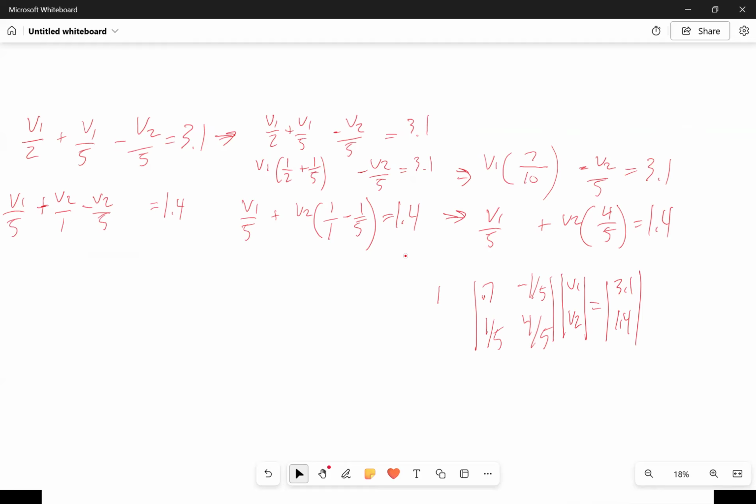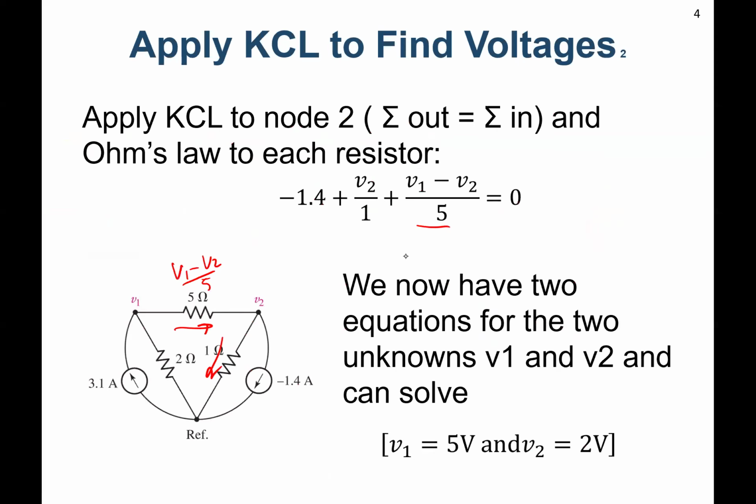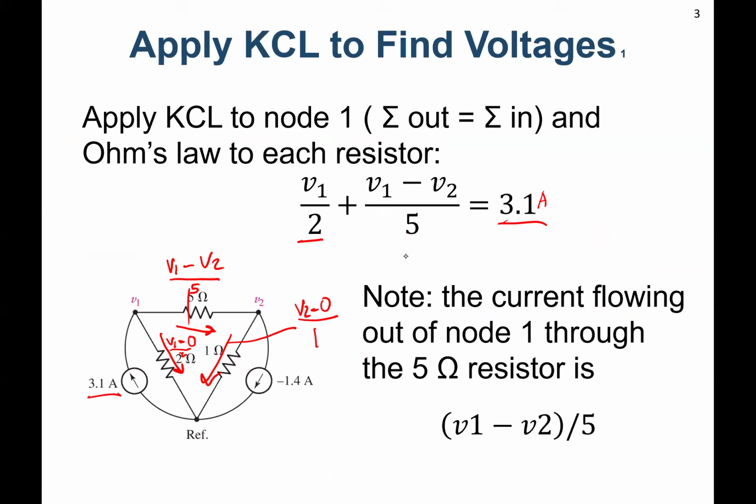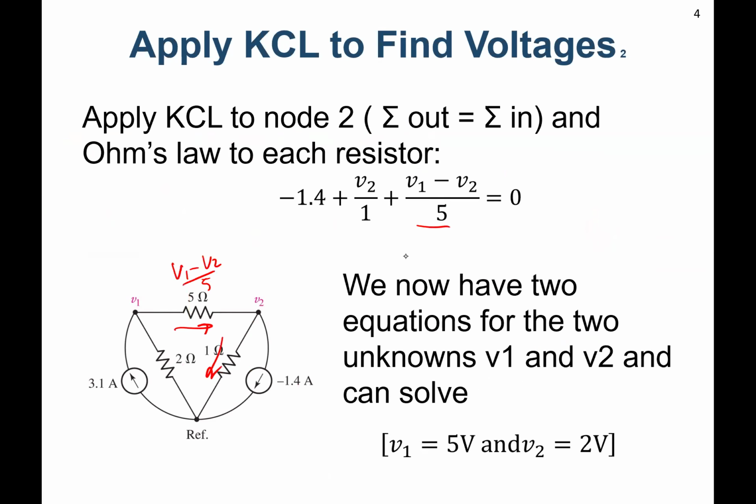Now, one thing I'm worried about, normally these are the same polarities. So let me just go back and make sure that I did these correctly. So we have V2 minus, yeah, and then V1 minus V2 over 5. Ah, I didn't do it right.